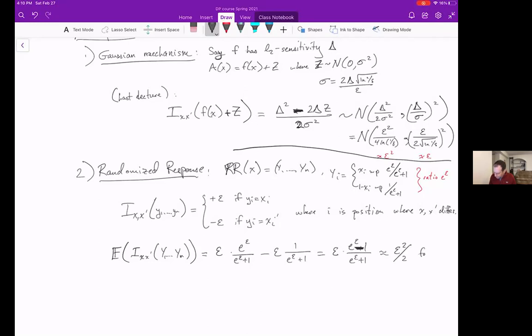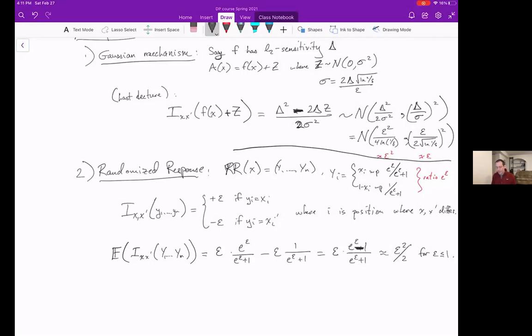Okay, so for epsilon less than 1 roughly. I mean, this is for epsilon smaller than, let's say, 0.1 or something like that. As epsilon gets close to 1, the constant out front will change, but it won't matter too much.